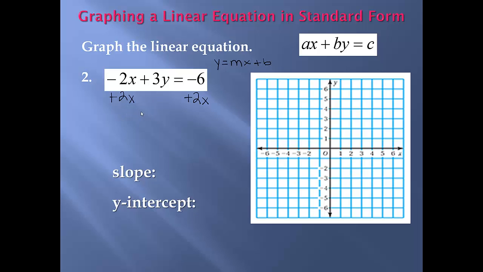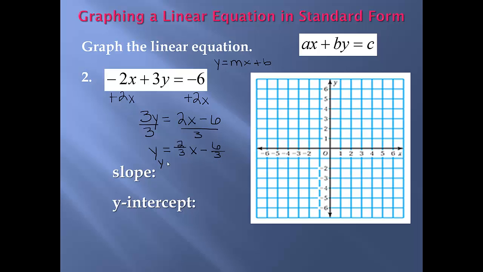So we have 3y equals 2x minus 6. Now we can divide by 3. So we have that y equals 2/3 x minus 6/3. The 6/3 would simplify to just 2 because 6 divided by 3 is 2.